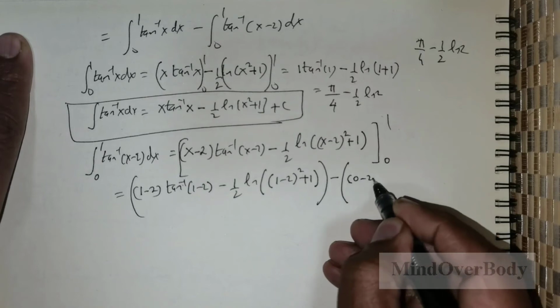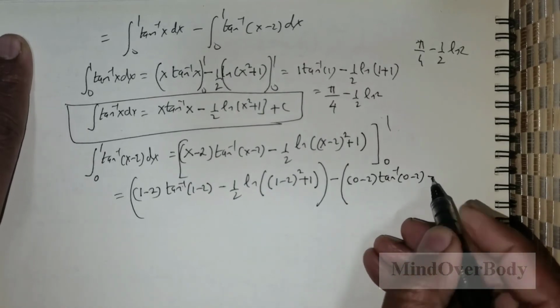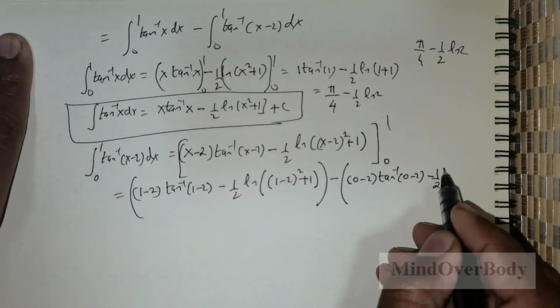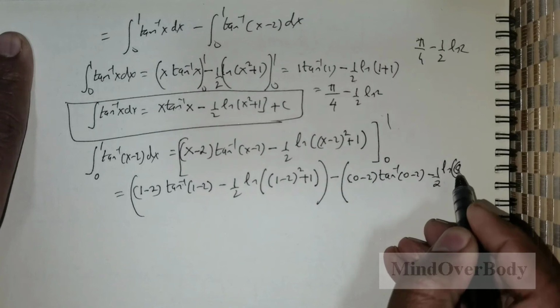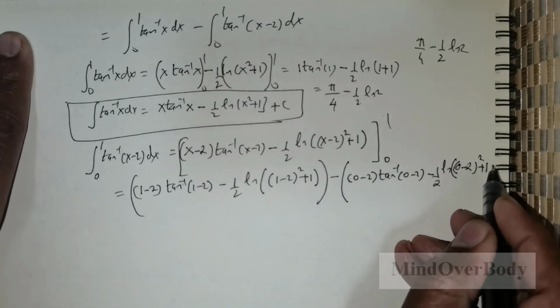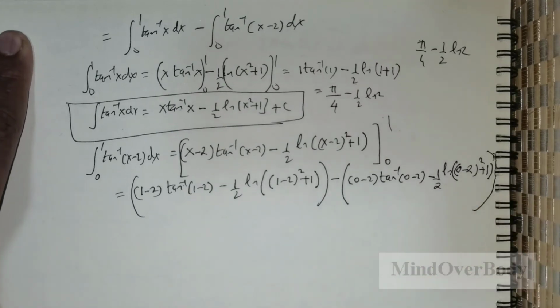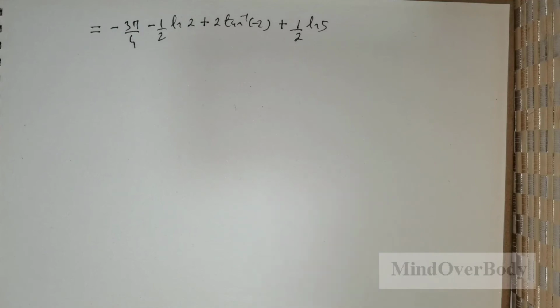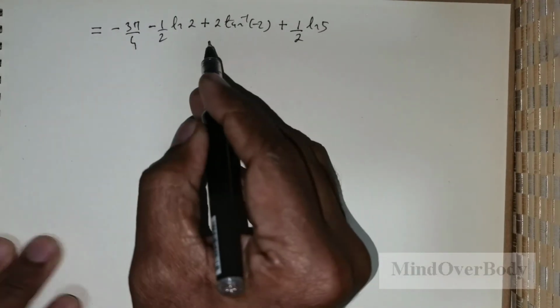It's going to be 0 minus 2 times tan inverse of 0 minus 2, minus 1 over 2 times ln of 0 minus 2 raised to the power 2 plus 1. Okay, so this is my limit substitution. So when you simplify, you get this.